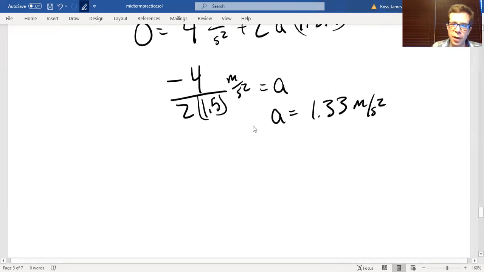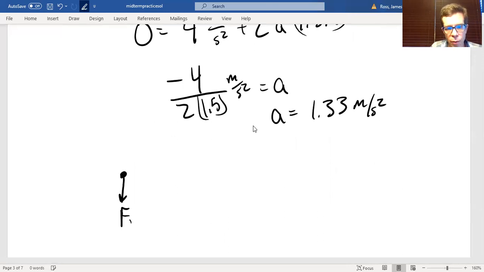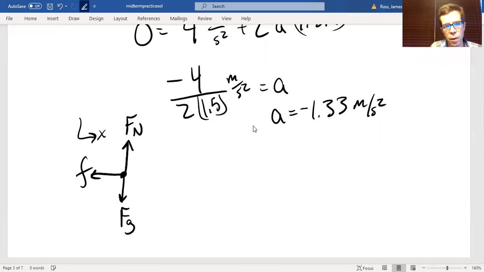So now we do our free body diagram. Got the force of gravity, normal force, frictional force, and you'll notice this is negative, right? Because the frictional force is in the negative x direction because we're slowing down.